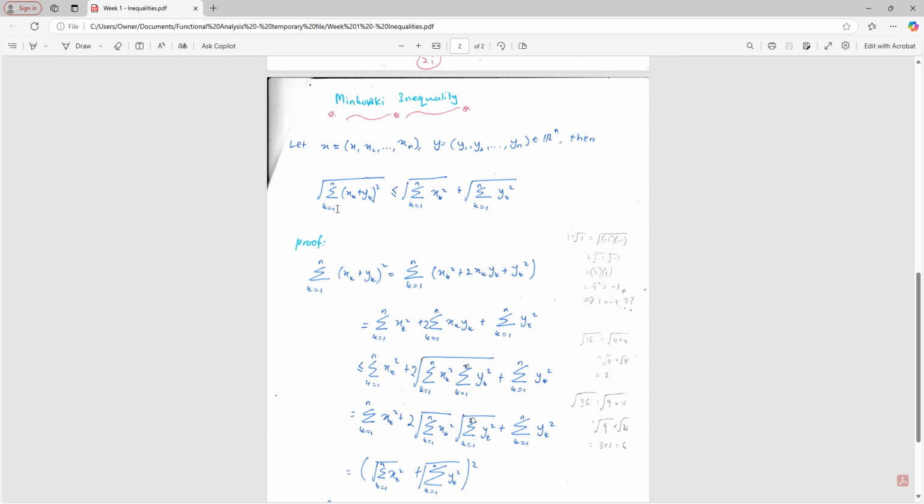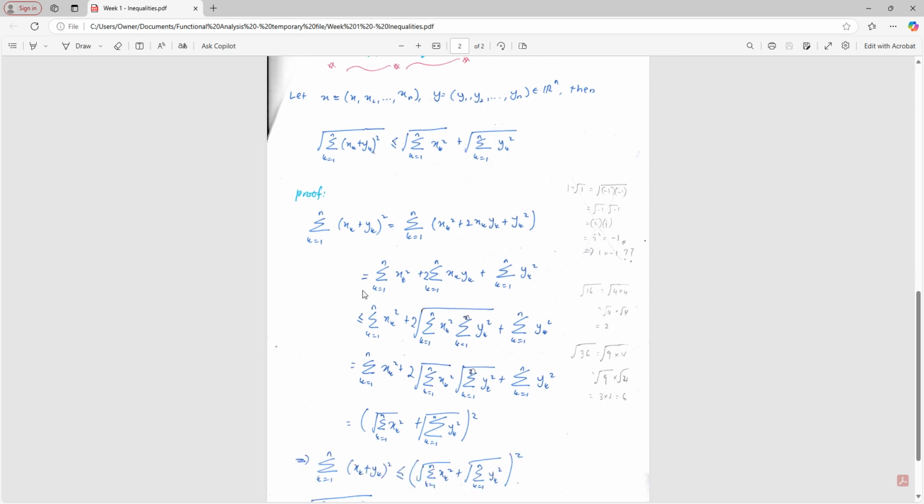So we just consider the square, and then like previously we open the square to get this expression, and because this is only the finite case, we can open the bracket like this. So we will have the summation for xk square, 2 xk yk and yk square.